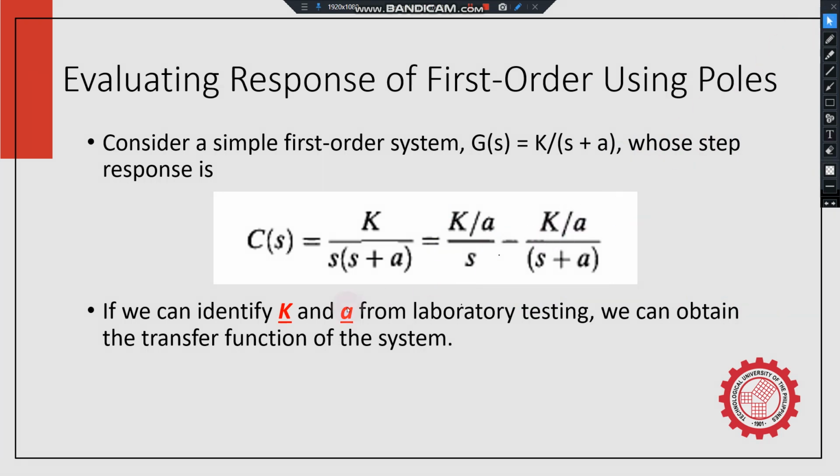Then, if we can identify the value of K and the value of A from laboratory testing, we can obtain the transfer function of the system.